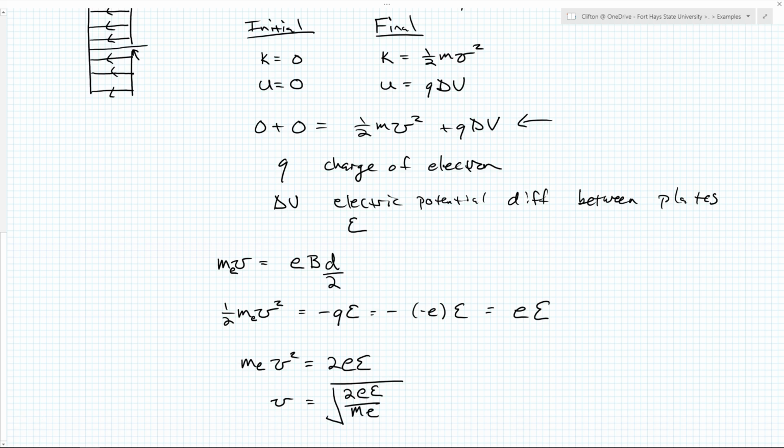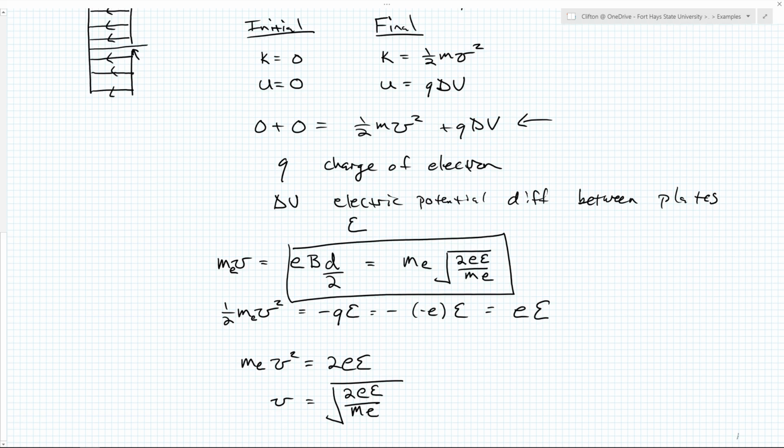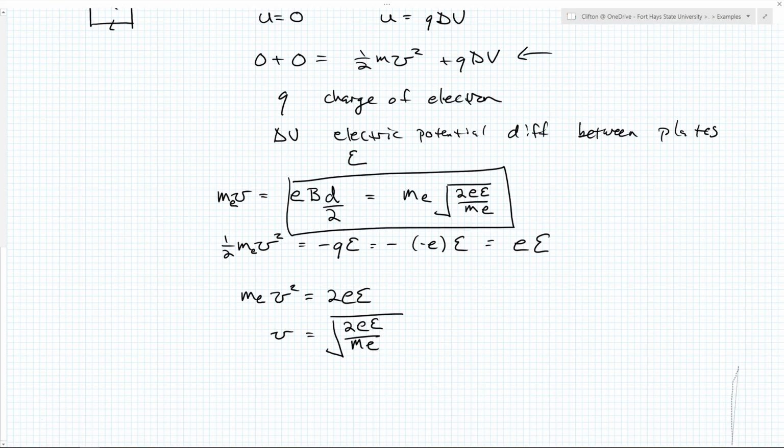Now take this and plug it in to the top equation and solve for d. So this equation now is what we want to solve to get this diameter d.